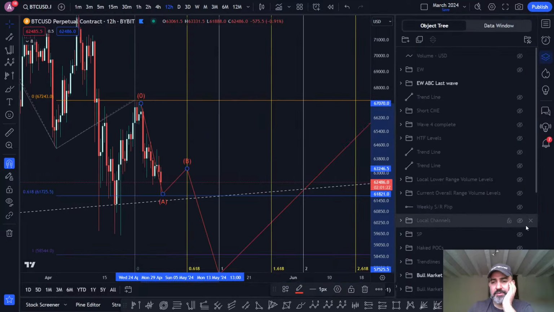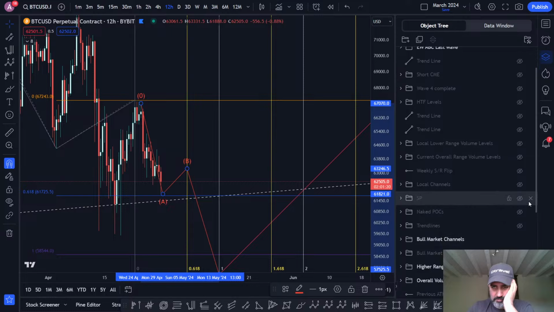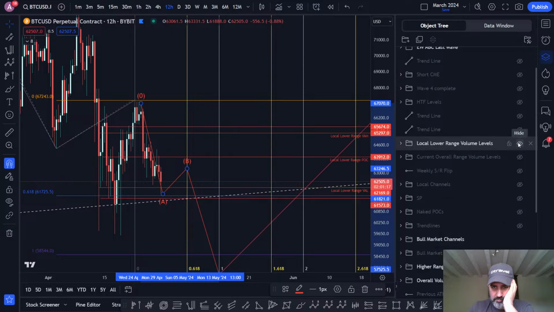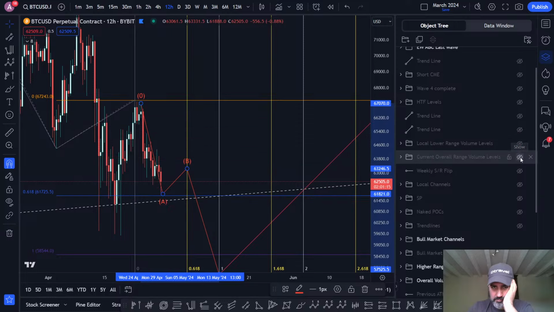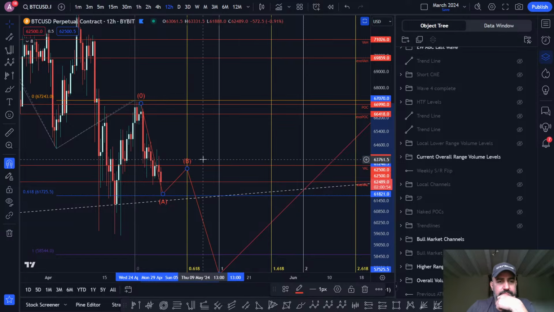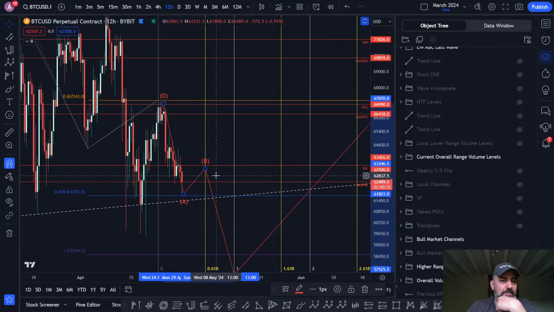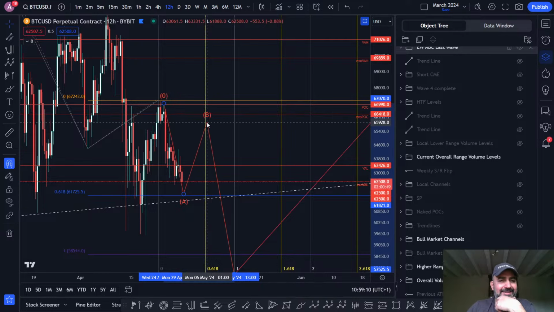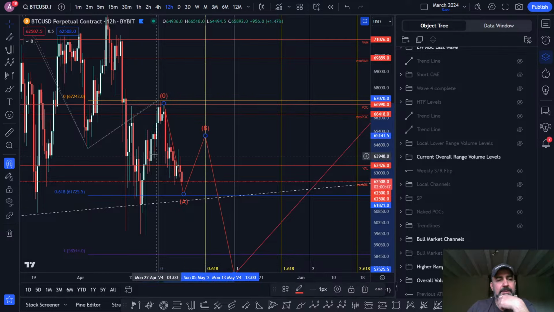Where's the value area low? One more attack at the point of control, or the golden pocket.